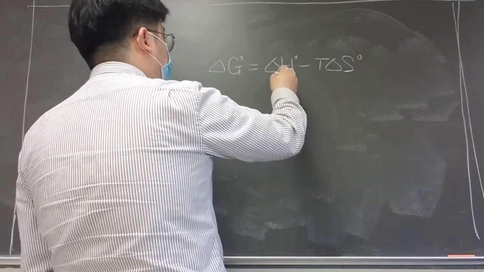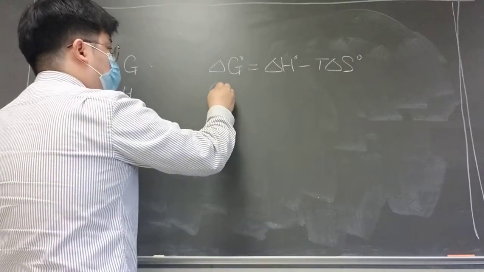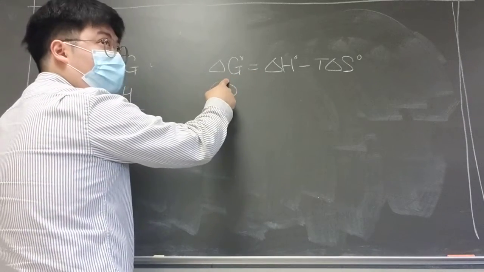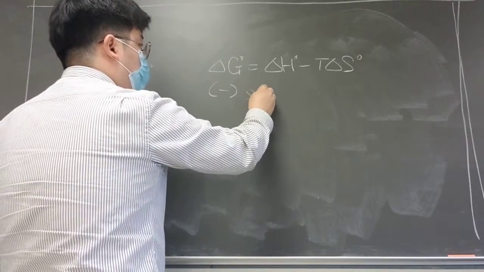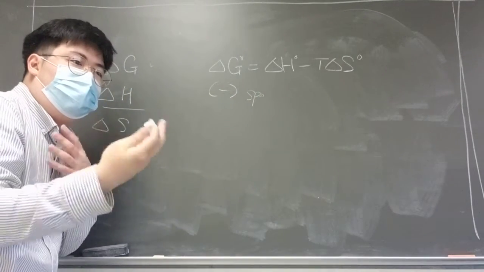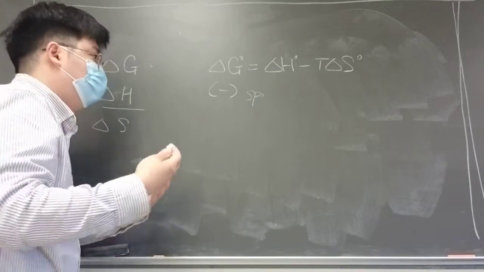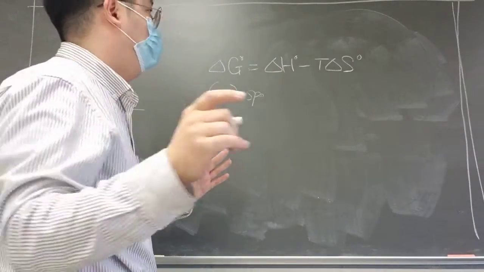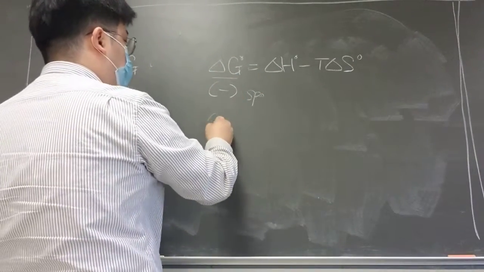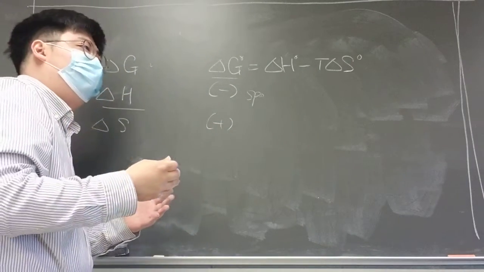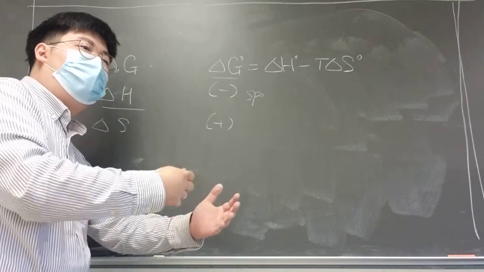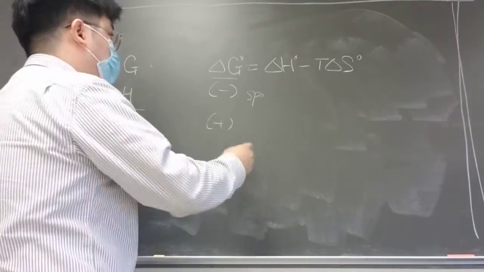So I already told you, when the change in Gibbs free energy is negative, this is spontaneous. It will happen without any energy input. It happens automatically when it's negative. When it's positive, it's not going to happen automatically, but you have to do something to the system so it can go forward in the reaction.